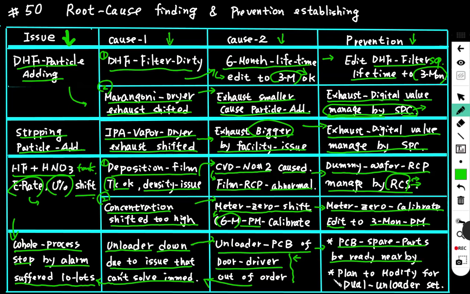Item 2, plan to modify the wet bench by installing a dual unloader set, so that if one unloader is down the other can work well, to save the product wafers. Okay, let's see you next time.